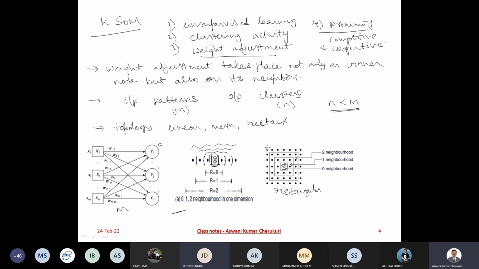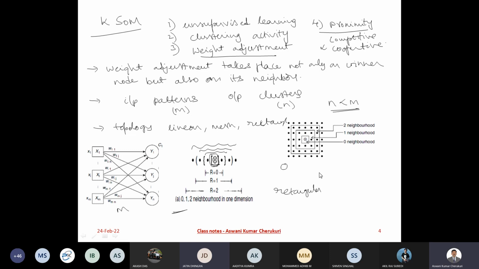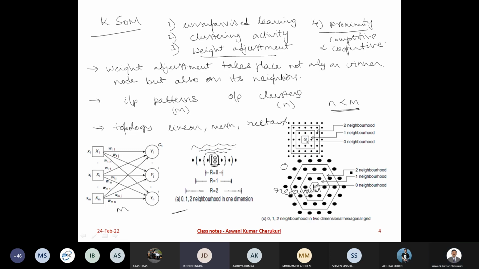And not only this topology, but also you can have hexagonal topology. Now look at the hexagonal topology network. Okay, this is not rectangular. What I have written is the rectangular one, and this is your hexagon grid.